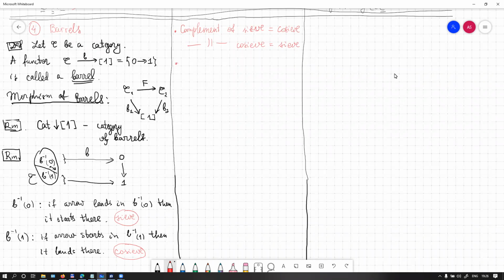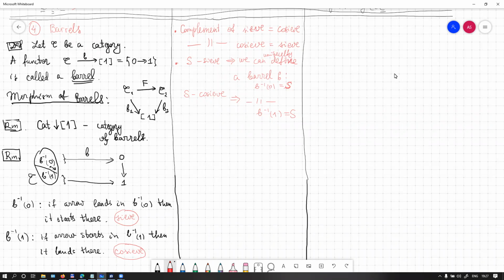That's the first thing. And second thing, if S is a sieve, then we can uniquely define a barrel, let's say B, such that B minus 1 of 0 is S. If S is a co-sieve, then a similar statement holds with B minus 1 of 1 equals S. So sieves, co-sieves, and functors from the category to an interval are in bijection.